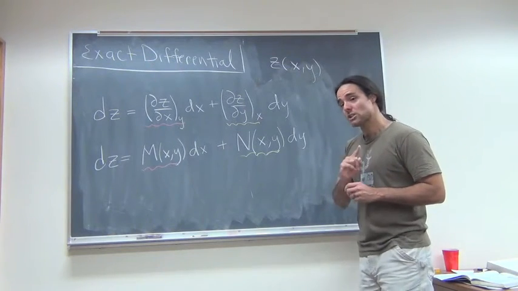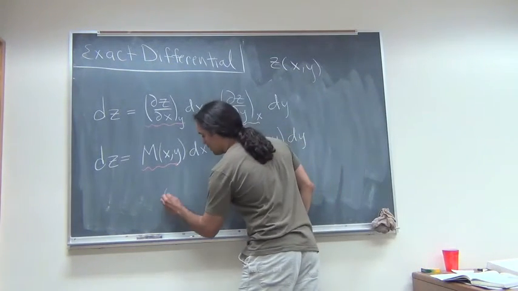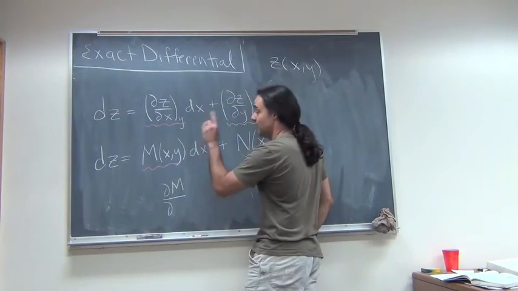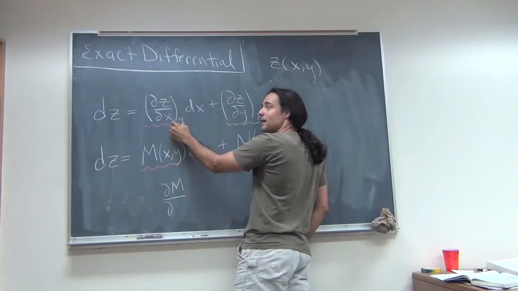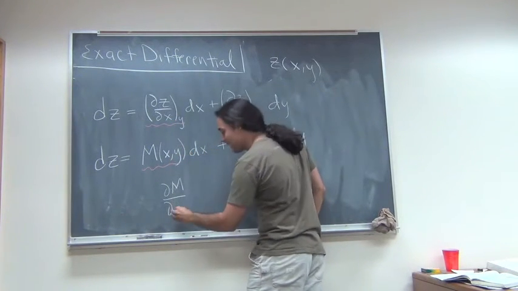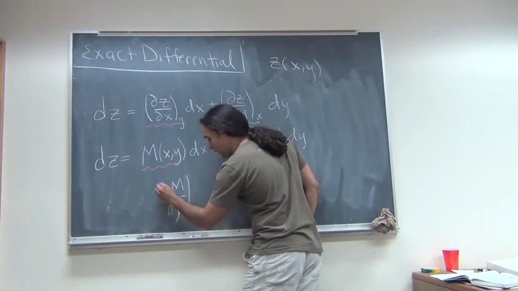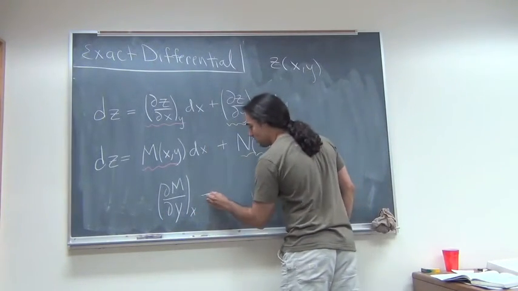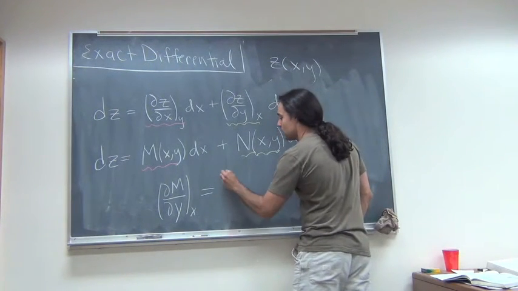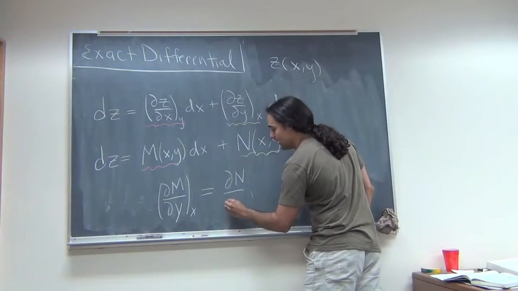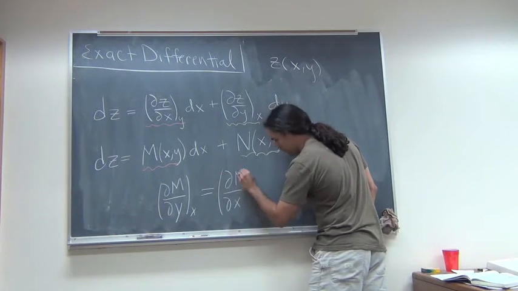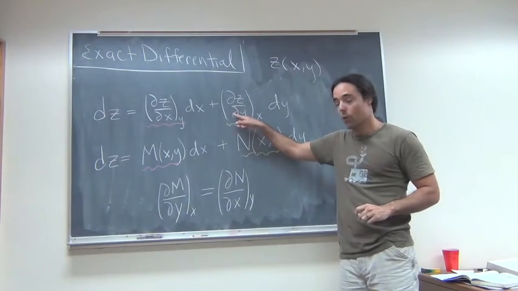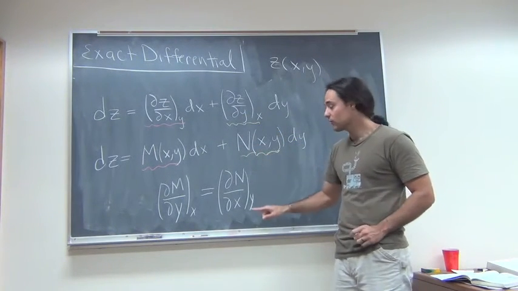Therefore, it must be true that dM/dy, so I've taken a derivative with respect to x to get M, now if I take a partial derivative with respect to y, holding x constant, that must be equal to dN/dx at constant y, because to get N, I took a partial derivative with respect to y, then I take a partial derivative with respect to x.